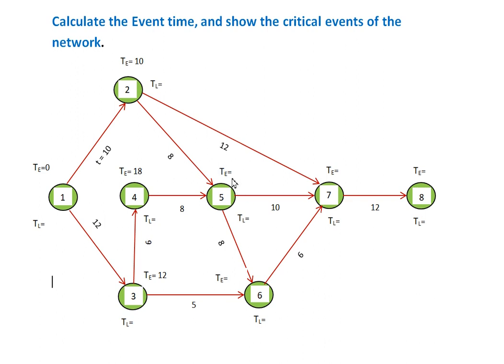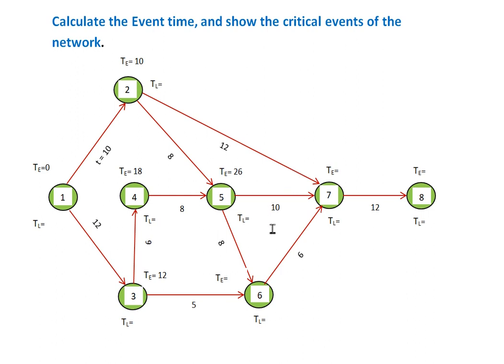So which one should I take? I should take the larger one. Between 26 and 18, we take 26, as 26 is greater than 18. So to determine the TE, we need to take the larger number where there are 2 or more numbers. In that case we take the larger one, so 26.